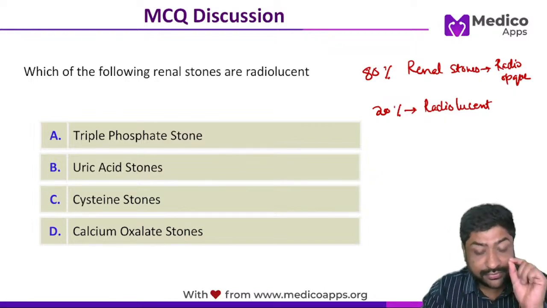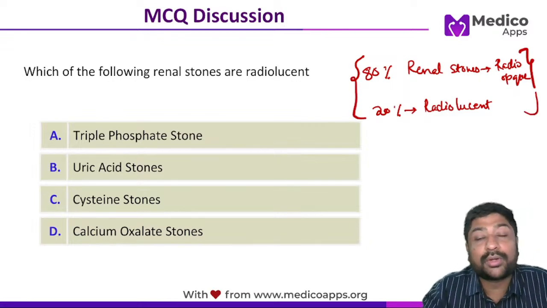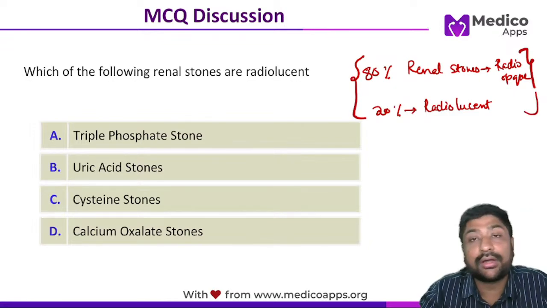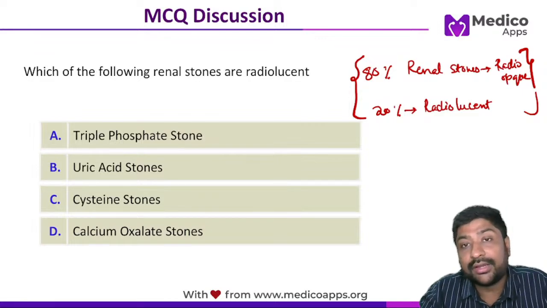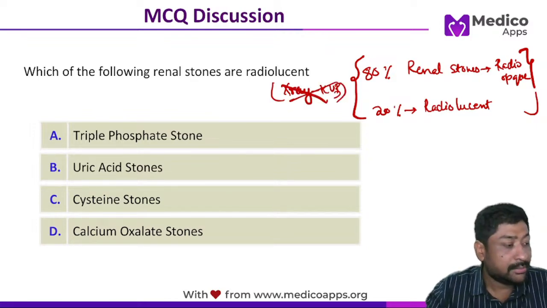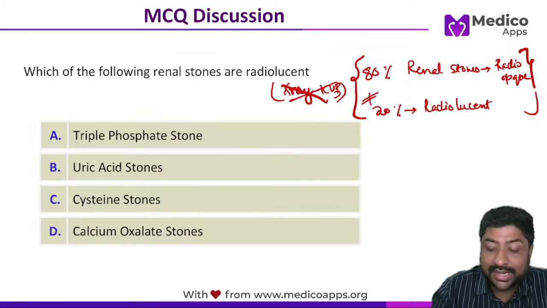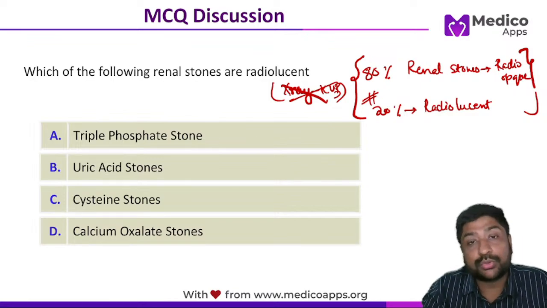Now, this is very important, because whenever an examiner asks you what is the investigation of choice for a suspected case of renal stones, don't answer X-ray KUB. This is not the correct answer, because you are going to miss 20% of your stone cases.